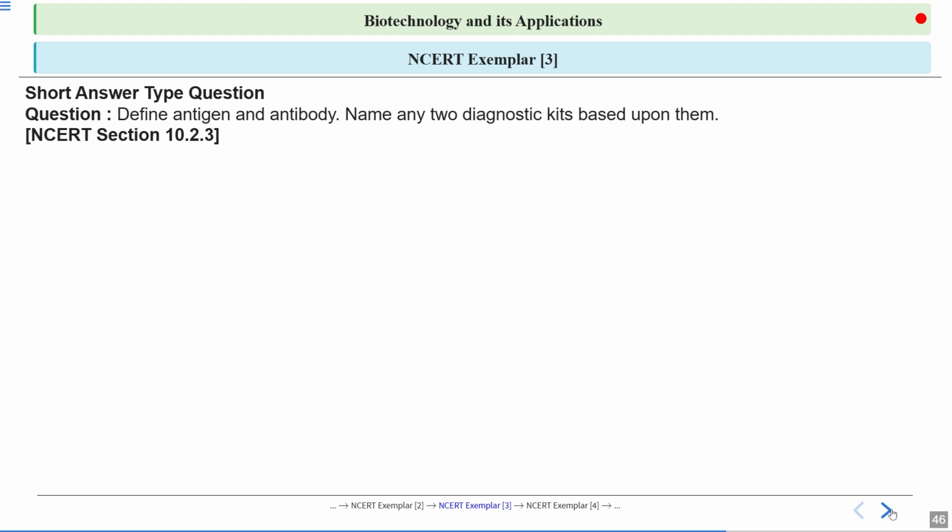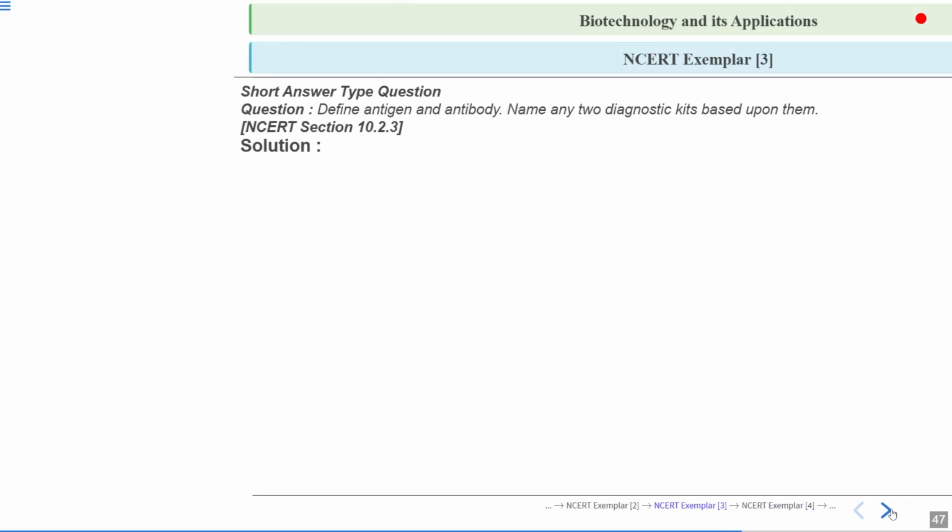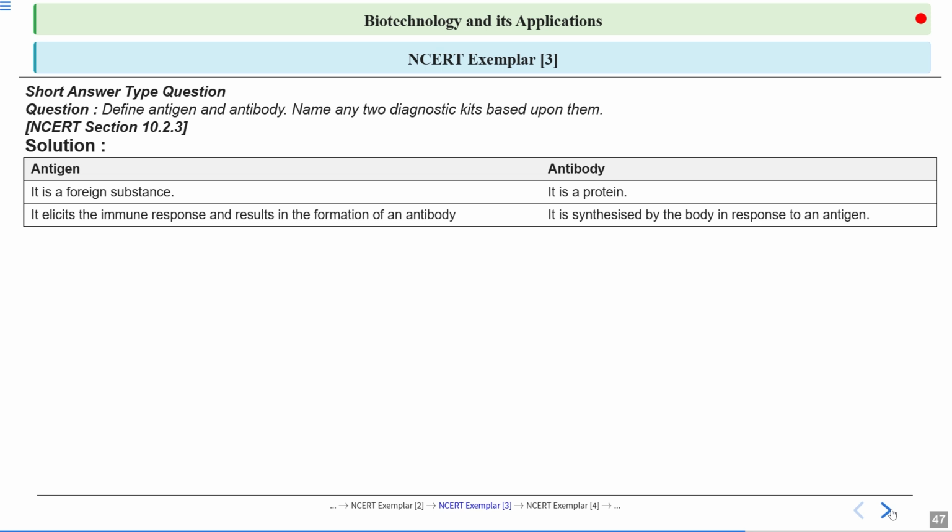The next question is also a short answer type question, and this is NCERT Exemplar question 3. This question says define antigen and antibody and name any two diagnostic kits based upon them. This is from NCERT section 10.2.3. First, what is an antigen? It is a foreign substance.